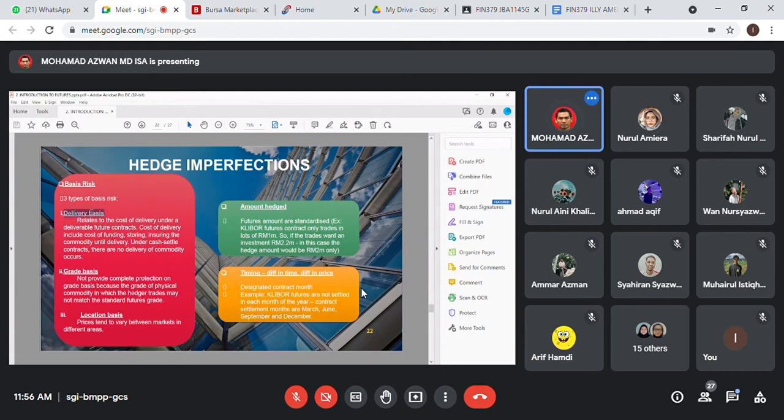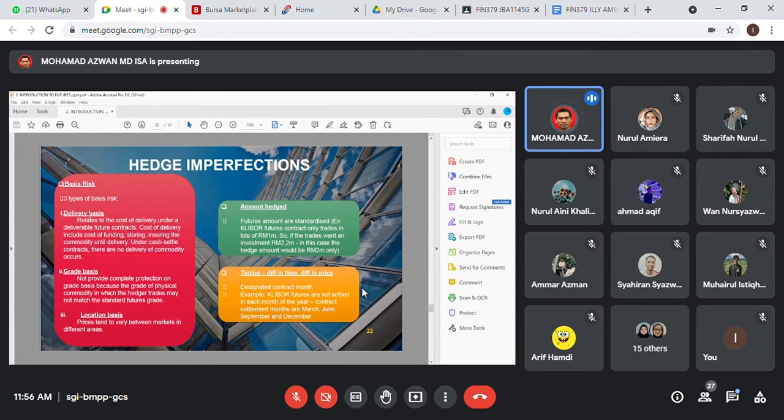For example, delivery basis, in the commodity sector, the issue is that the CPO is not delivered as promised or as planned.